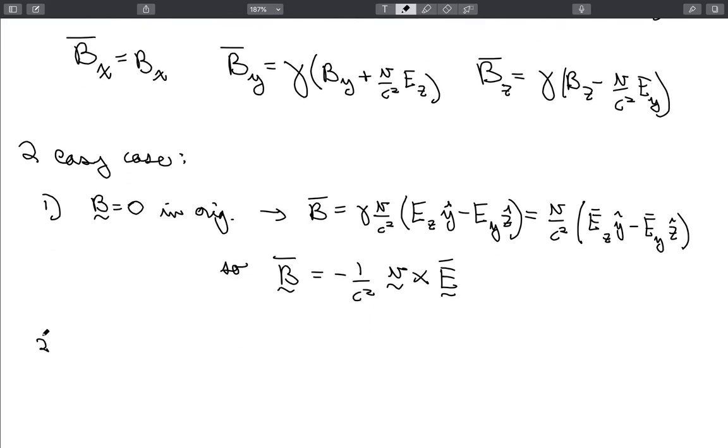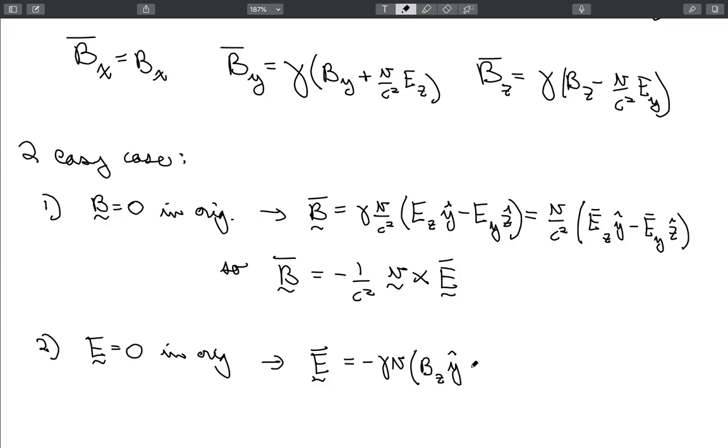The second easy case that's useful for some applications and problems is if the electric field is equal to 0 in the original frame. So in that case, the electric field E bar is going to be minus gamma times v times B_z y hat minus B_y z hat.